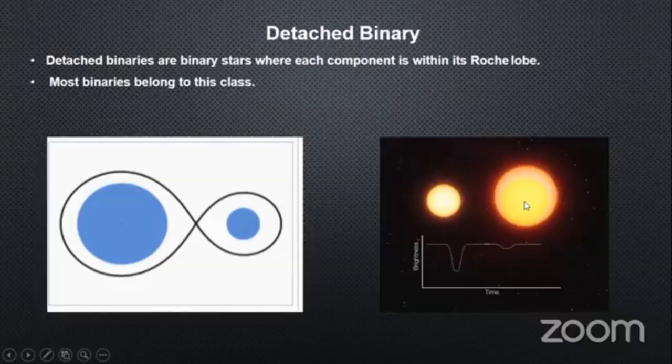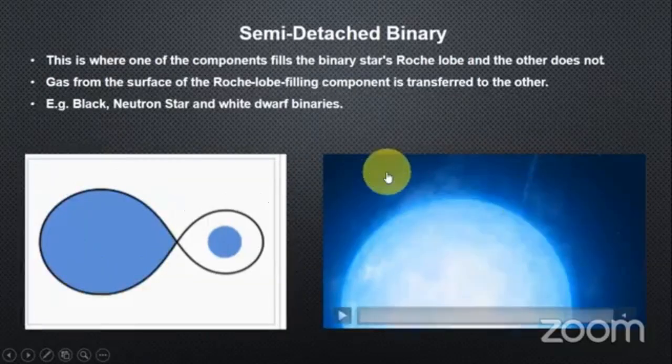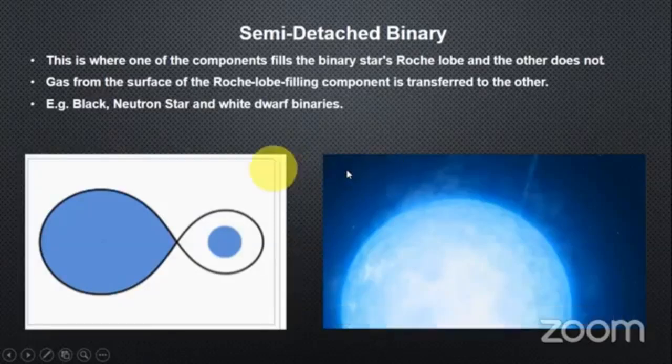So we have semi-detached binaries. This is where one of the components fills its Roche lobe and the other does not. It could be a star that is moving away from the main sequence stage, so it begins to expand past its Roche lobe. Once it surpasses its Roche lobe, material will be taken away from it to the other star.